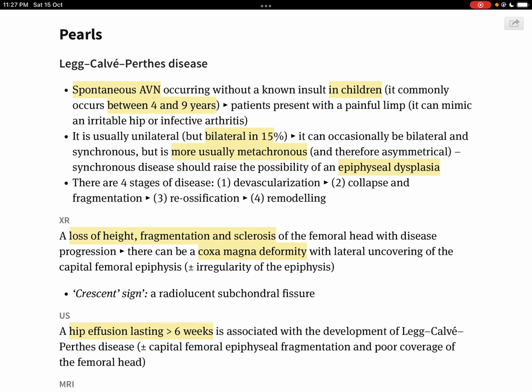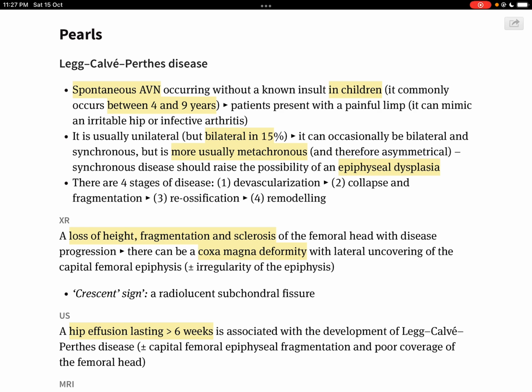It is usually unilateral but bilateral in 15% of cases. It can occasionally be bilateral and synchronous but is more usually metachronous and therefore asymmetrical. Synchronous disease should raise the possibility of an epiphyseal dysplasia.